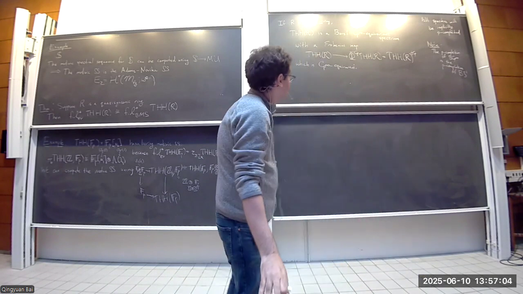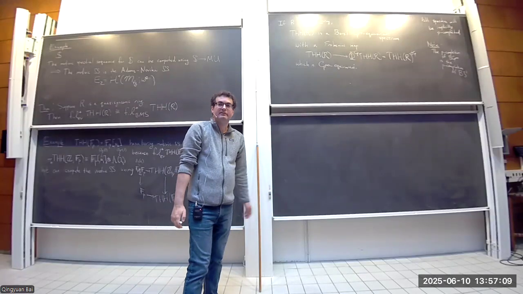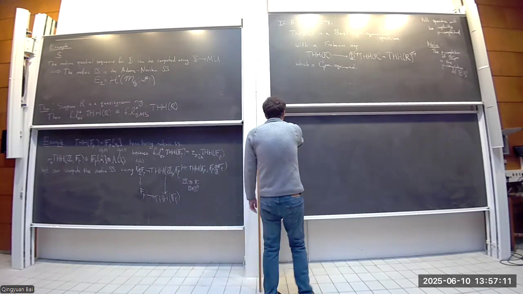But the structures that are present are the C_p^infinity action and this Frobenius map. Let me make a definition.